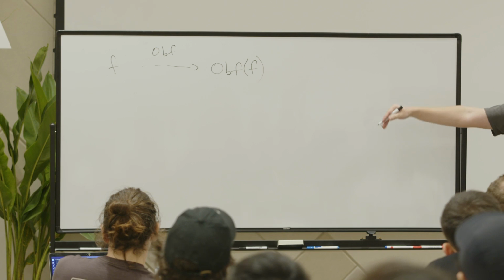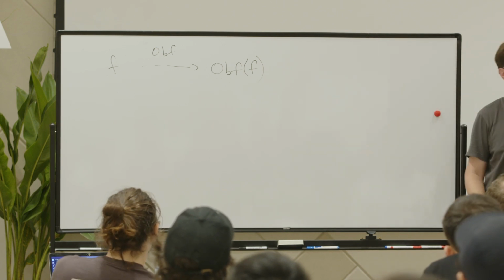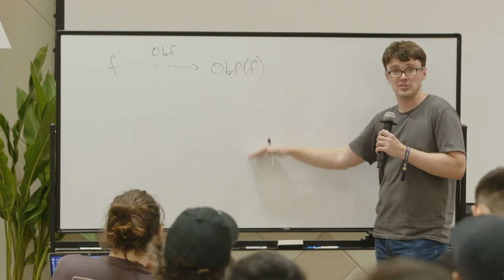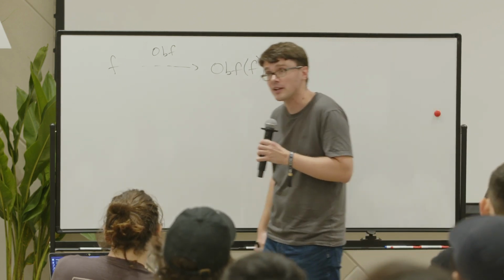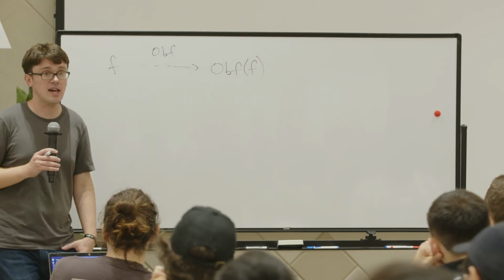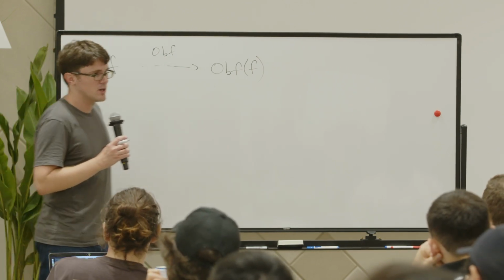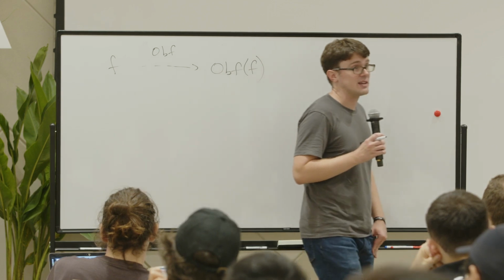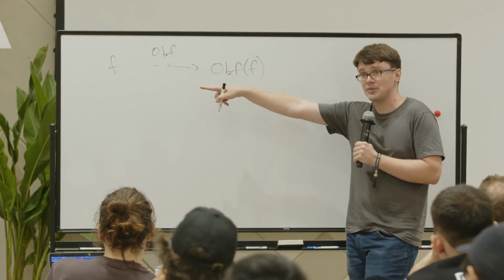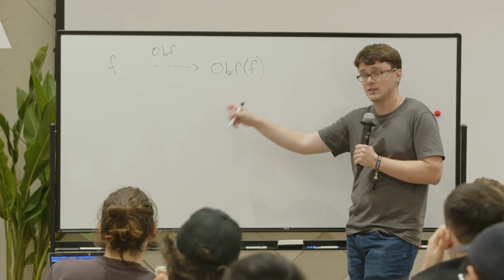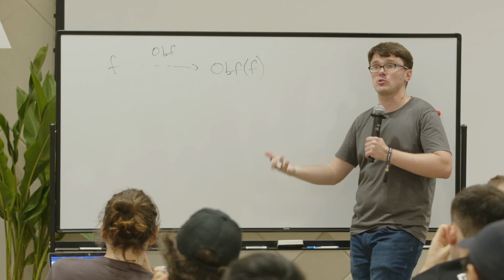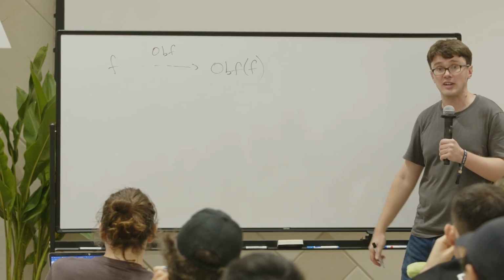If you want to think about circuits, f is a circuit and the obfuscation is another circuit. If you want to think about programs in your favorite language, f is some source code and the obfuscated thing is some source code again. Whatever it is, it gives you another program that has exactly the same functionality, but with the property that you can't learn anything about f. You can't learn anything about the original implementation just from looking at the obfuscated implementation, except for, of course, what you can learn just from feeding in inputs and outputs.